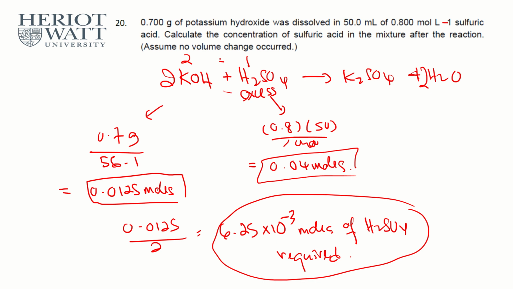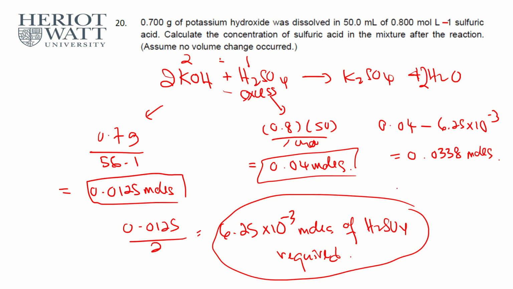But the question is, how much sulfuric acid remains at the end of the reactions? Just use 0.04, what we have, minus 6.25 times 10 to the power of -3. You get the remaining mole of sulfuric acid, which is 0.0338 moles. This is the moles of acid remaining.